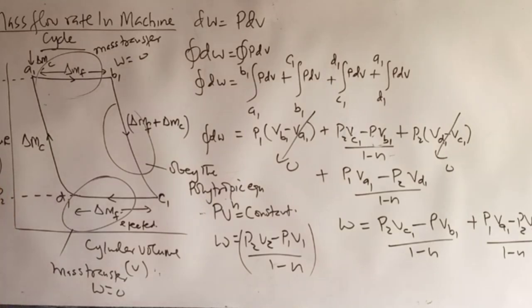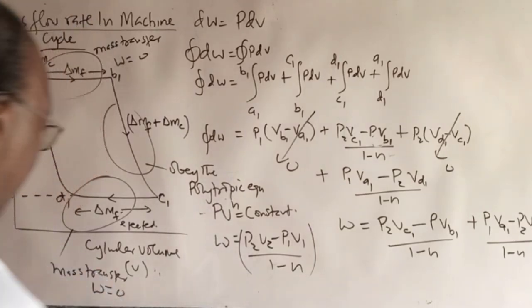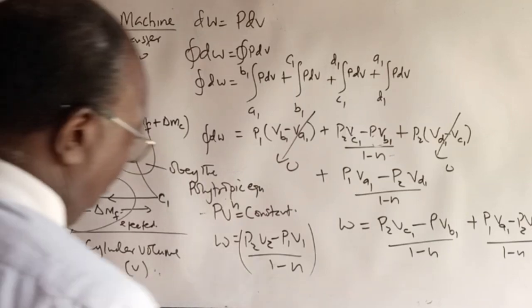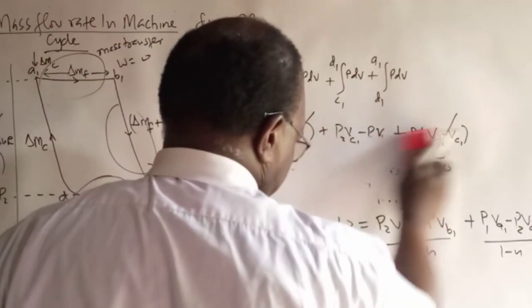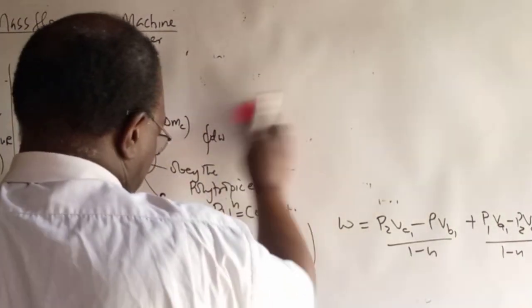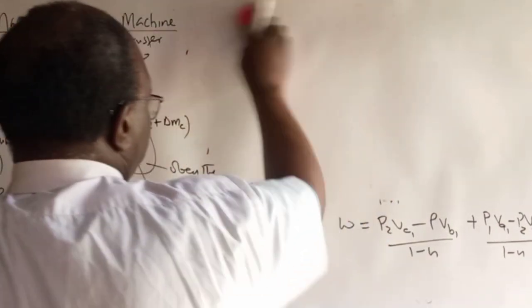Now, we want to bring in these masses into our expressions, and so we need that expression there. So let's leave it there because we will go back to it. We will reference it again.